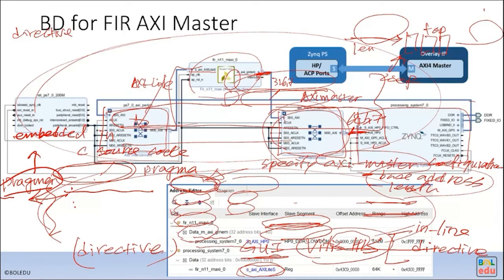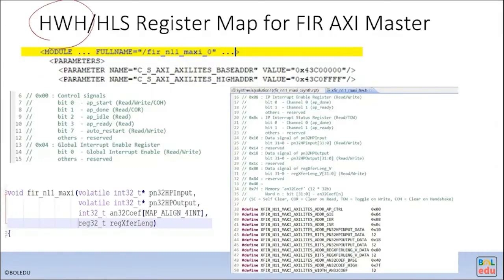For you to do the host programming to control the kernel function, you need to look into the HWH file. And in here, you need to have a block level protocol.